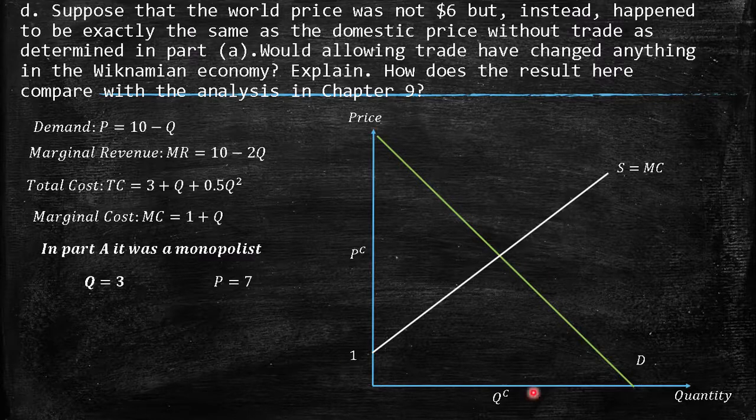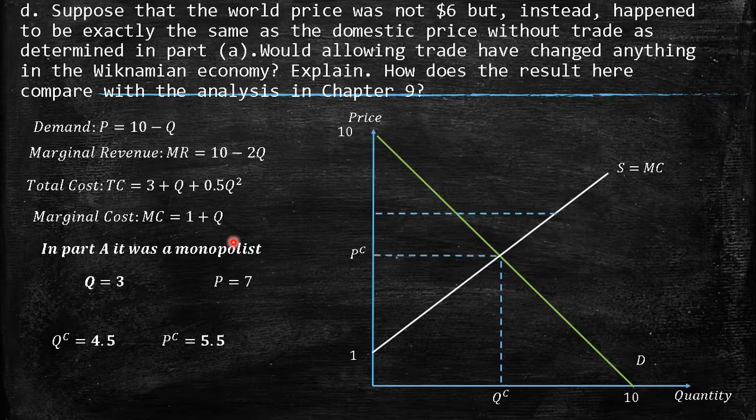The marginal cost is 1 plus Q. So when Q is 0, the marginal cost is 1, and then it increases with a slope of 1. And here we have 10 and 10. When the quantity is 0, the price is 10. When the price is 0, the quantity is 10 as well. So here we have the demand curve, and here we have the price and the competitive one.